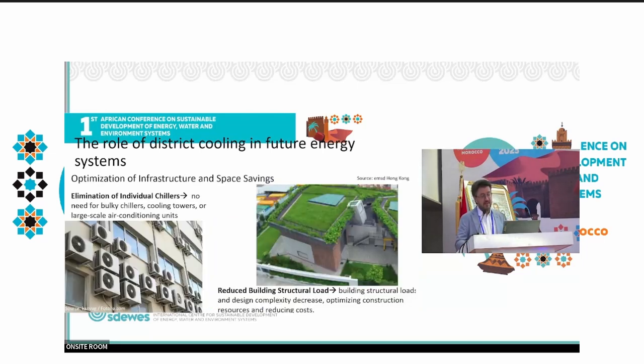Another big example of indirect benefits of district cooling systems is optimization of infrastructure and saving space. If you take down all the chillers, all the cooling towers, all the AC equipment, it's much better from a space optimization point of view. And if you are taking it down, you're also reducing the buildings' structural load, which is also a very important thing.